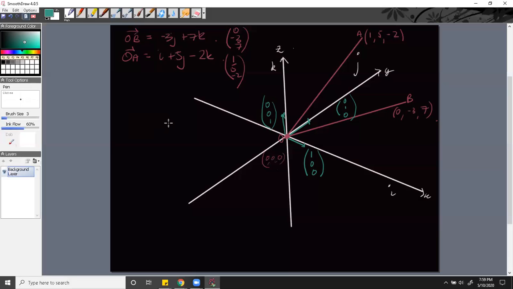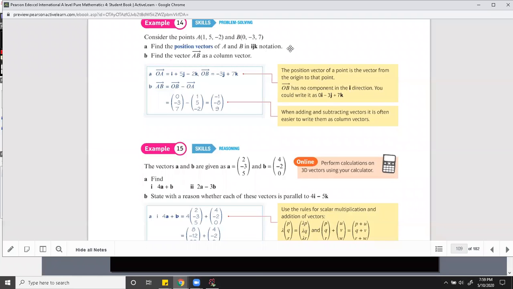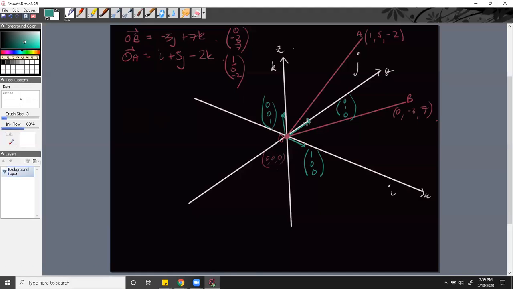So basically what we can do now, in example 14, I think you have to work out, let's just have a look. We're finding the position vectors of A and B in ijk notation. Well, we've done that already. And AB, we're moving from A to B, so we've got to find the vector as a column vector from A, which is 1, 5, minus 2, to B, which is 0, minus 3, 7.